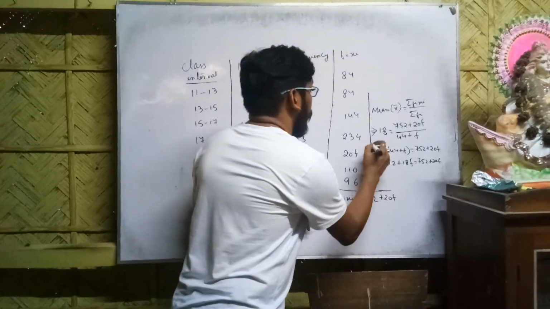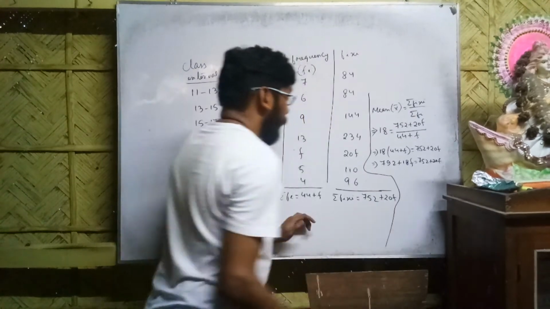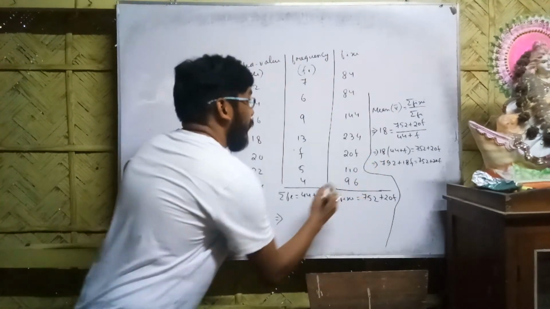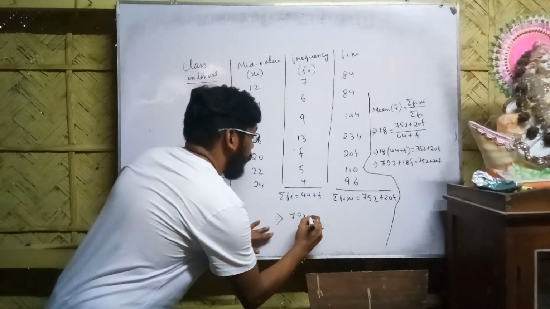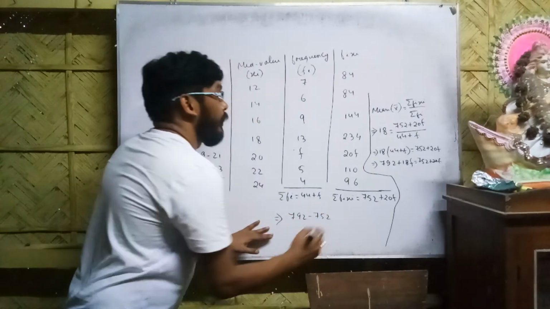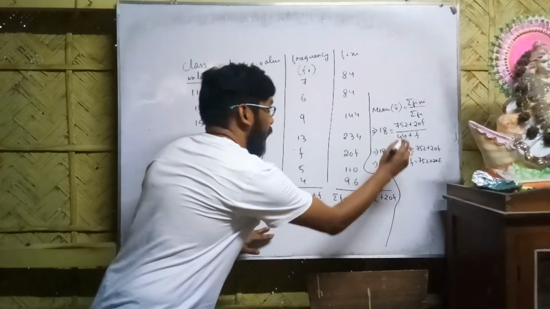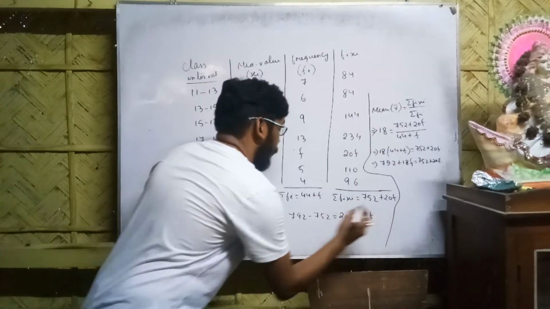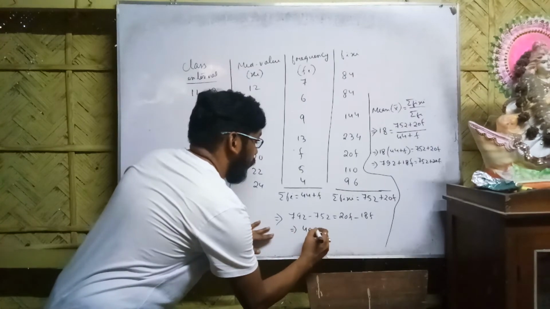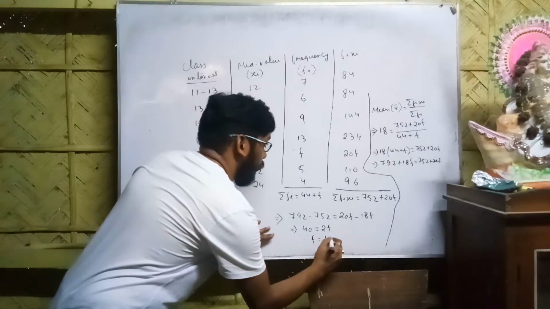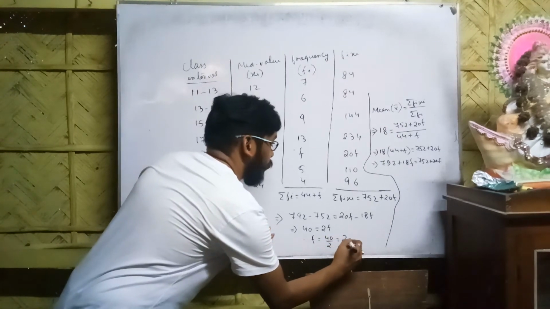Let me bring the f term to one side. 792 minus 752 equals 20f minus 18f. So 792 minus 752 is 40, and 20 minus 18 is 2f. Therefore f equals 40 by 2, that is 20.